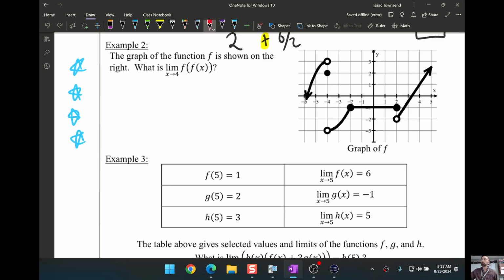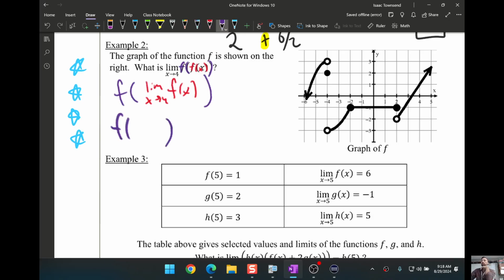So make sure you put good detailed notes here. When you do this, you actually just do the limit of the inside one. You only do the limit once. Then you plug that into the outside one. Limit of the inside, plug it into the outside. Only do the limit once.